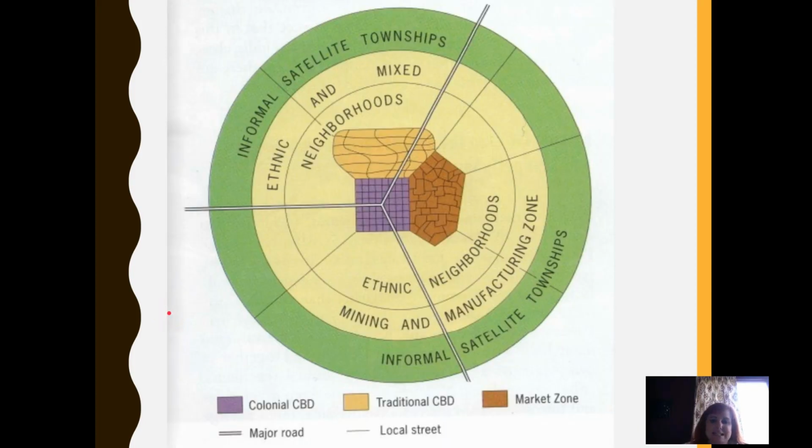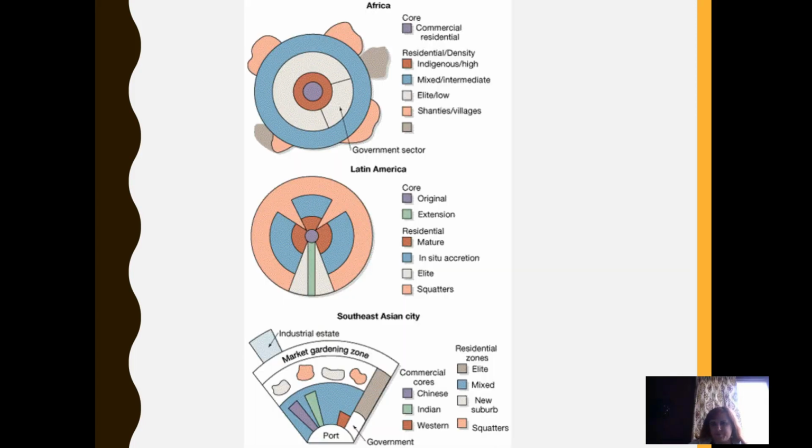So it looks like this. So colonial, traditional, market zone, neighborhoods, more neighborhoods plus mining and manufacturing, and informal satellite townships, could mean that they're probably controlled by this city, but there's probably not a lot of connection between the people in those outskirts and the city itself.